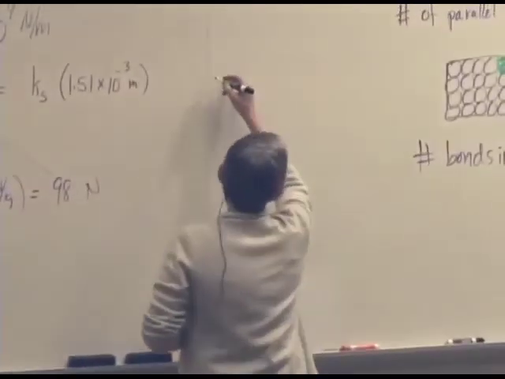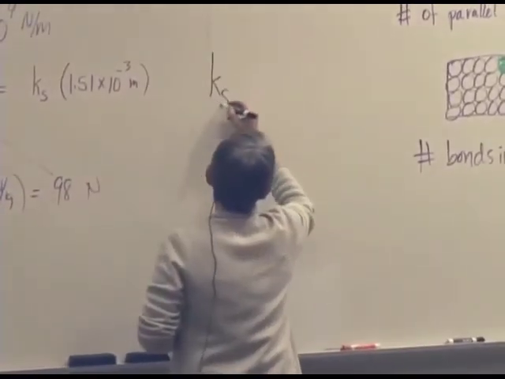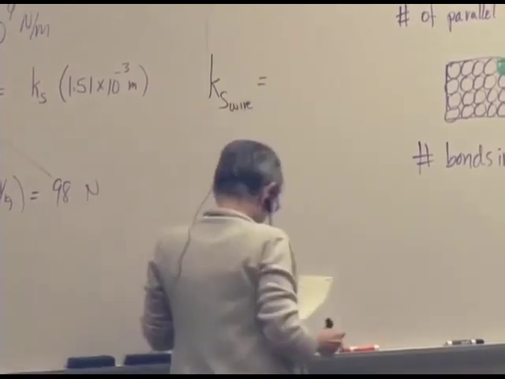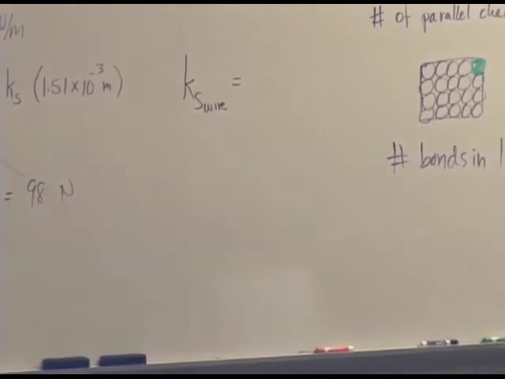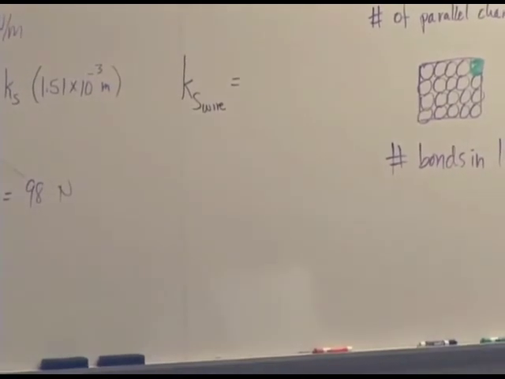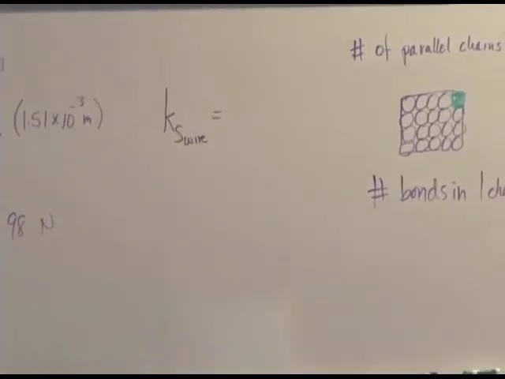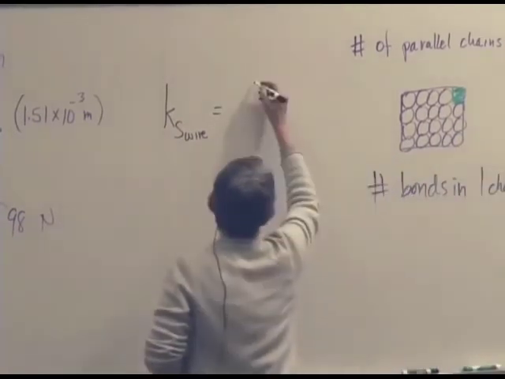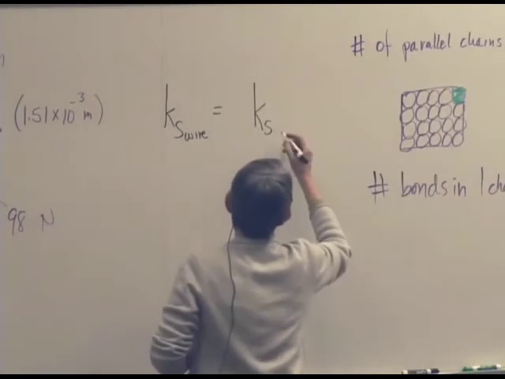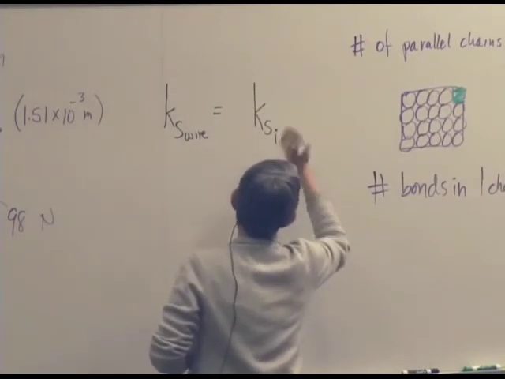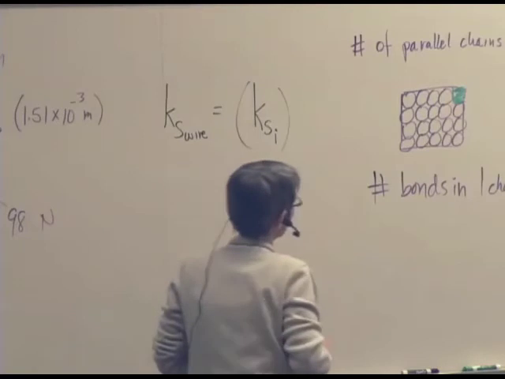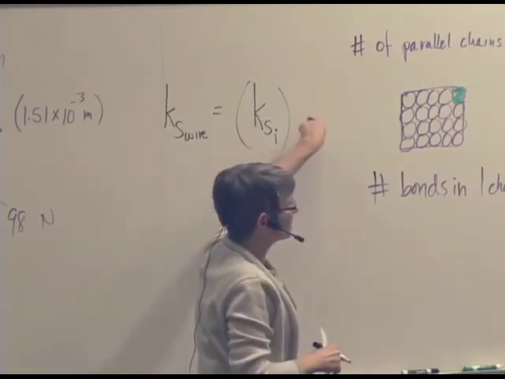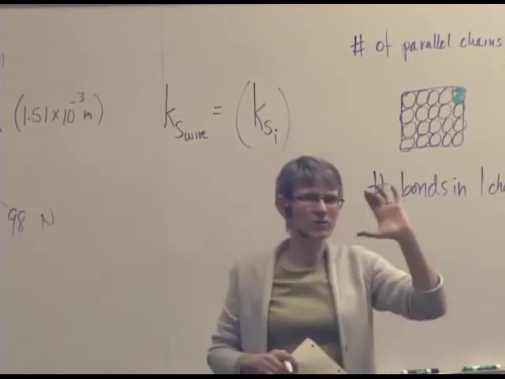So now we can say that the spring stiffness of the whole wire is going to be equal to what? Well, it's the spring stiffness of one interatomic bond, and then it got stiffer the more chains we had.